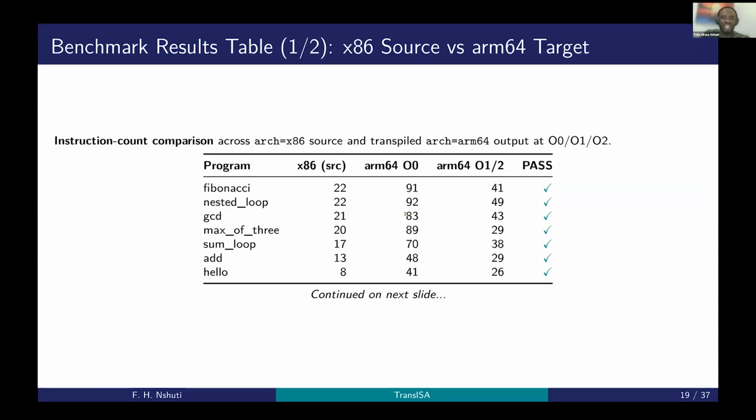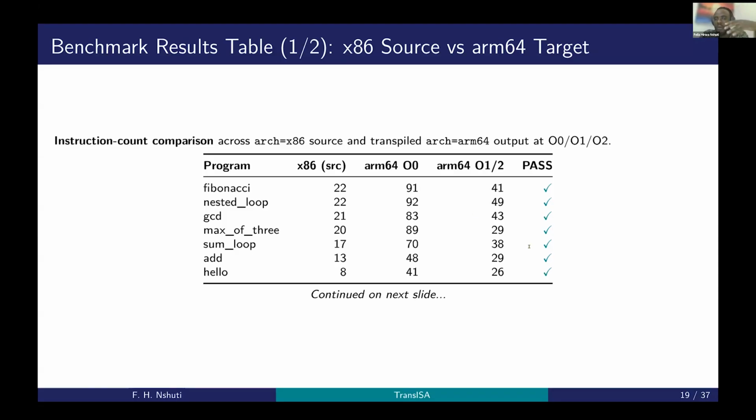Yeah, I tried to benchmark some of the programs by comparing the instruction count and the expected return status of every function. You can see that in x86 we have some instruction count, and when we don't have optimization, we can see that we have a high jump in instruction count.